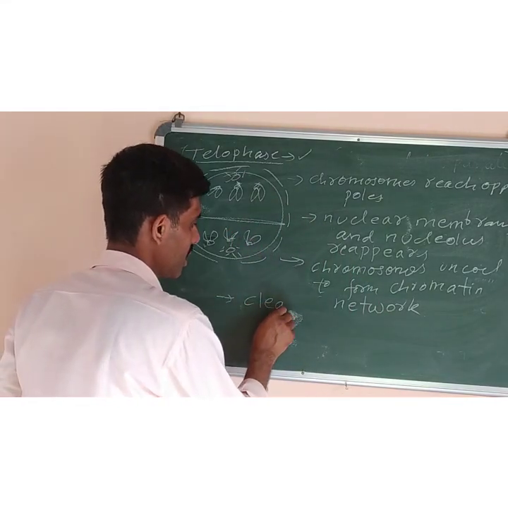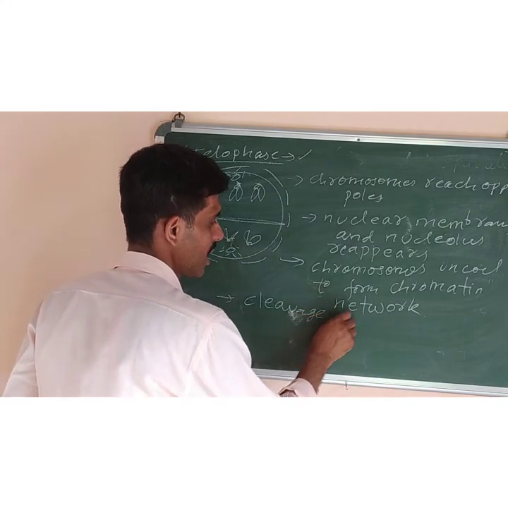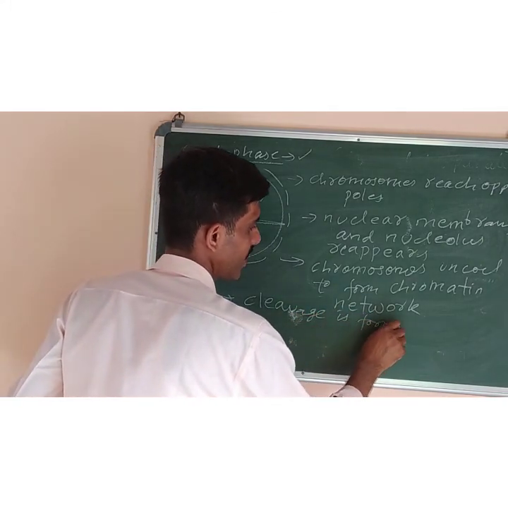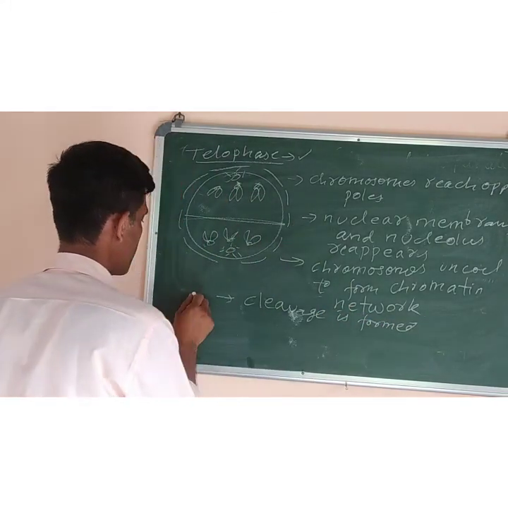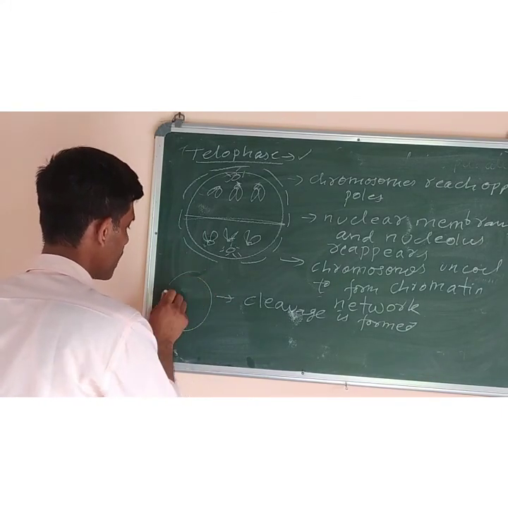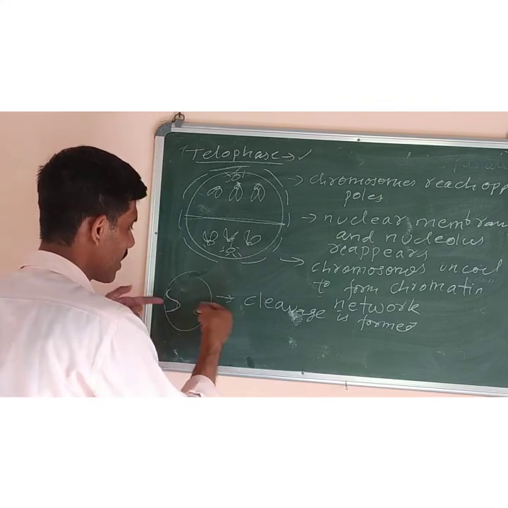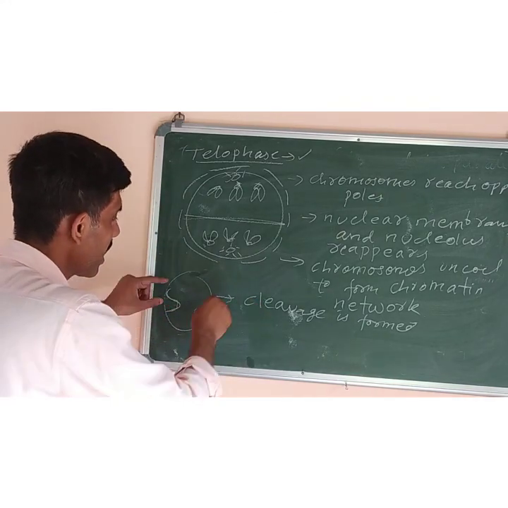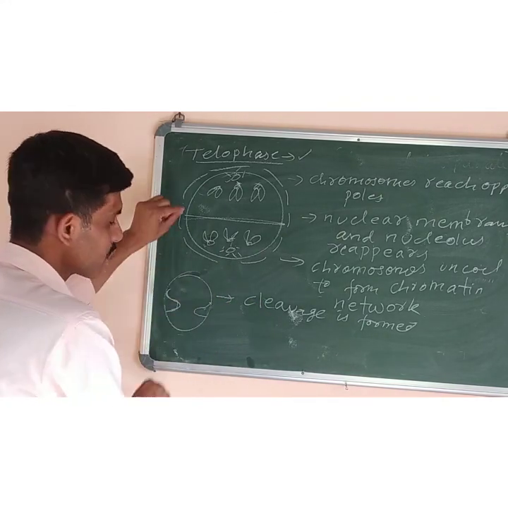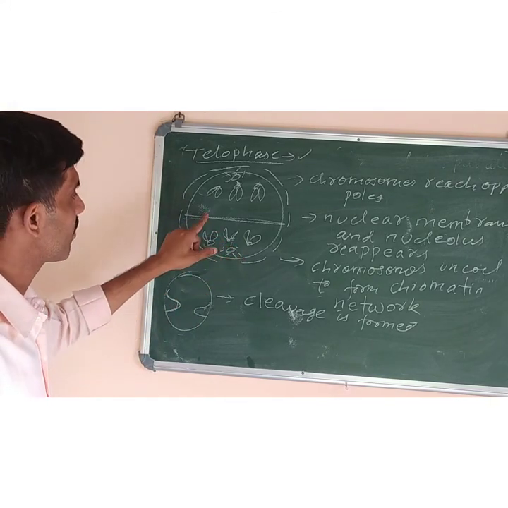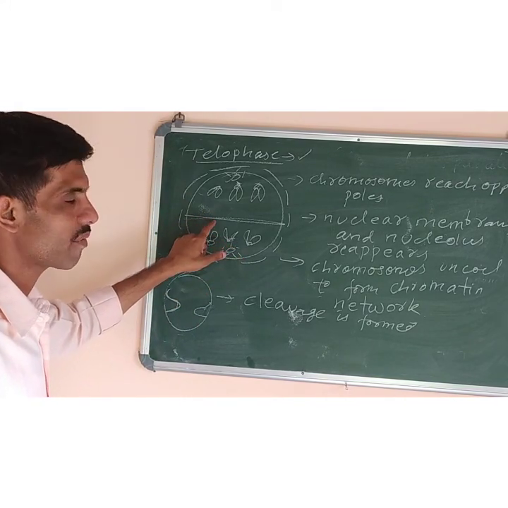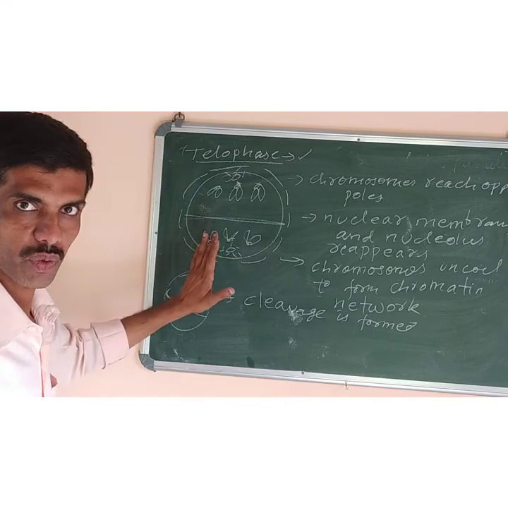Cleavage, C-L-E-A-V-A-G-E. The deepening occurs. If it is the animal cell, this cleavage will be there, like this. Here also this cleavage will form, which will further deepen and then cut it into two equal halves. Similarly, in the plant cell, the cell plate is formed, which will divide it into two equal halves.